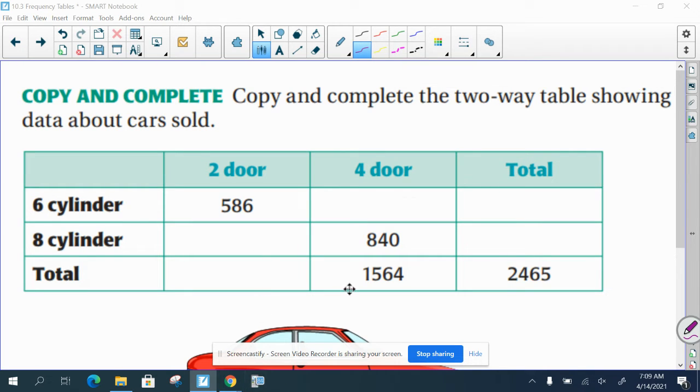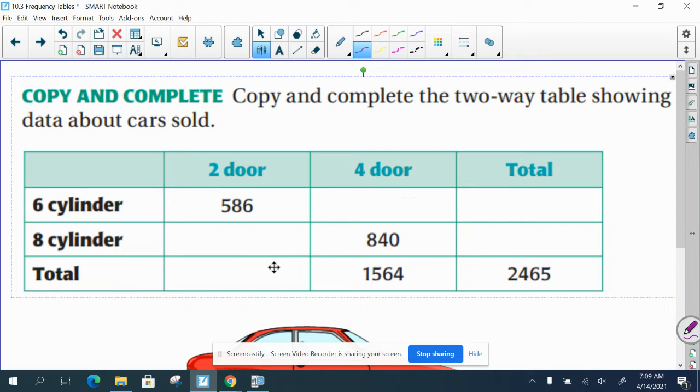So as I open up my calculator, you would do 2465 minus 1564 and get 901. Then you can subtract 586 from 901 to get 315. You could also subtract 840 from 1,564 and get 724.